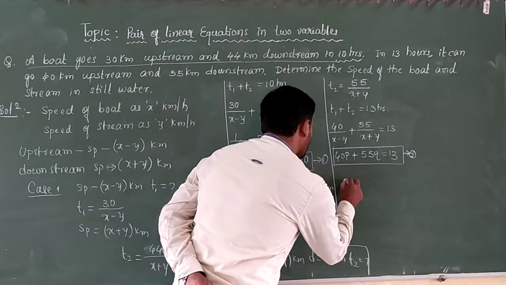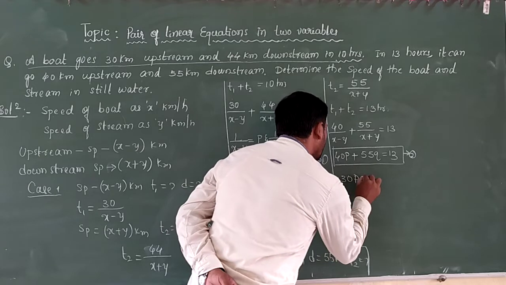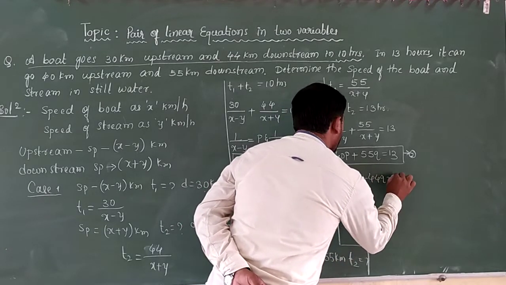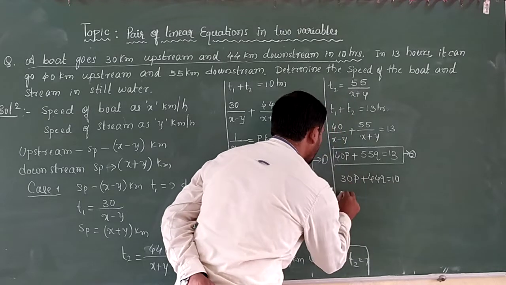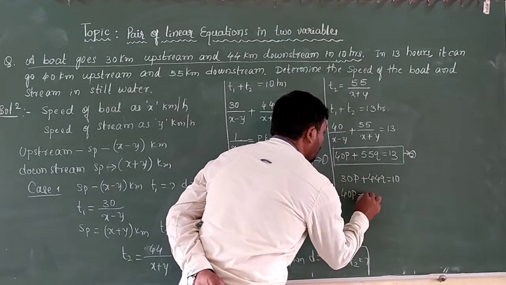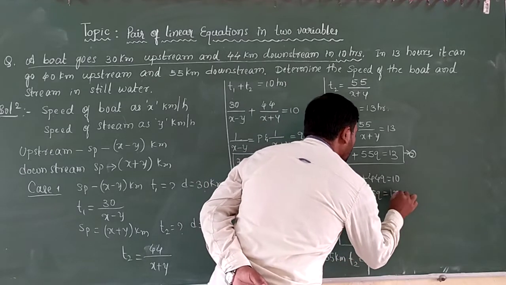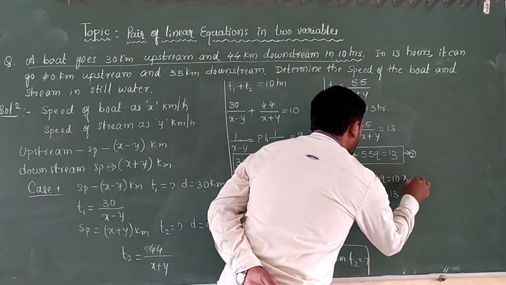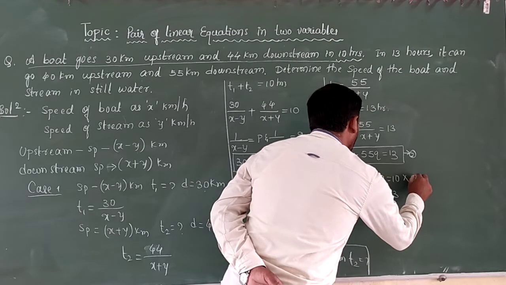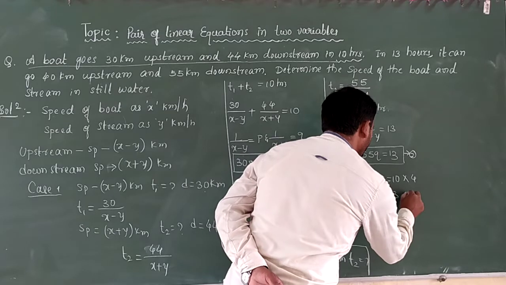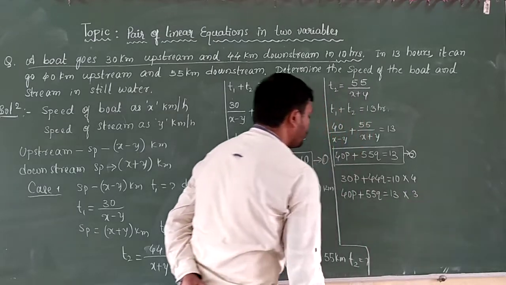So the first equation is 30p plus 44q is equal to 10, and the second equation is 40p plus 55q is equal to 13. So I will multiply the first equation by 4 and the second equation by 3.